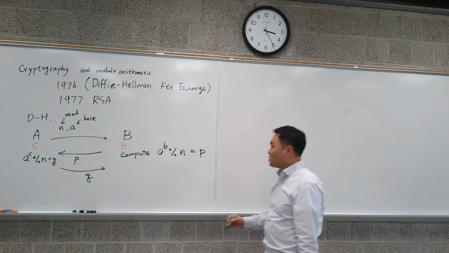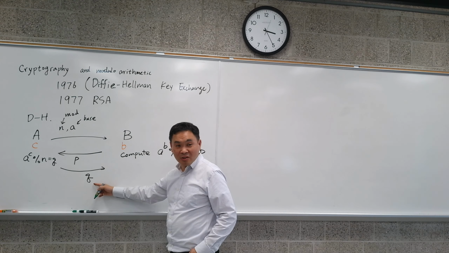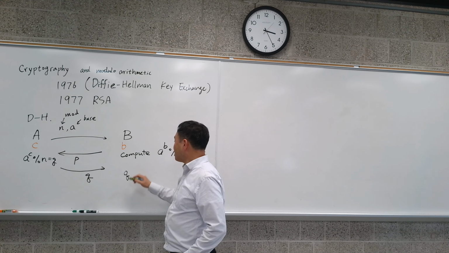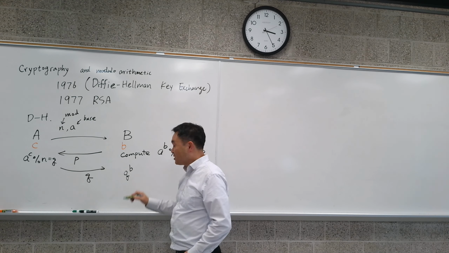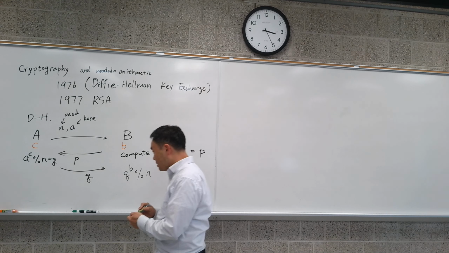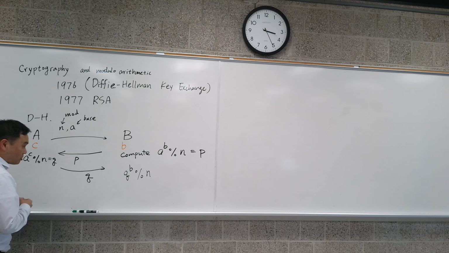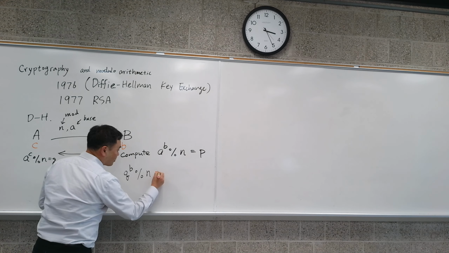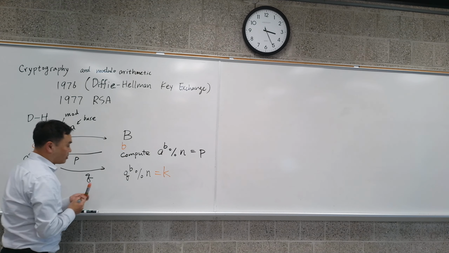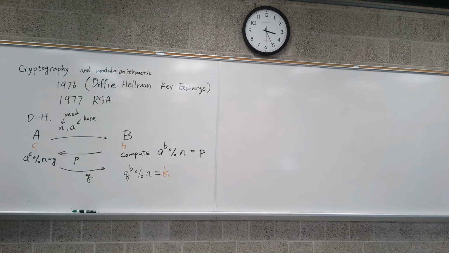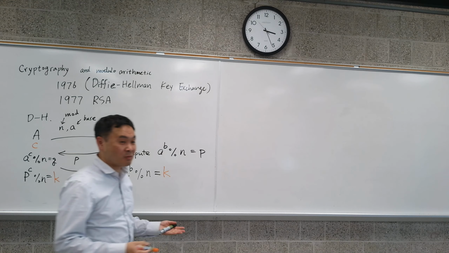But here's what Bob does. Bob will take Q and calculate Q to its own secret number B, and mod N, and it's going to end up giving you some K. And then Alice is going to take P and take the power of C mod N, and she is going to get the K. Now, surprisingly, these two numbers will be the same, okay?